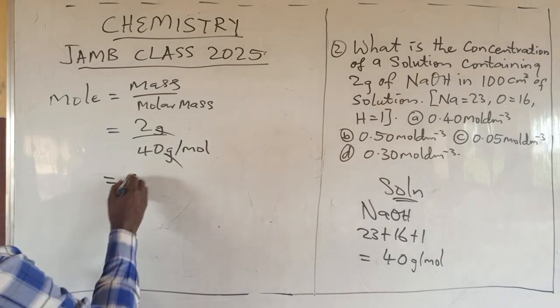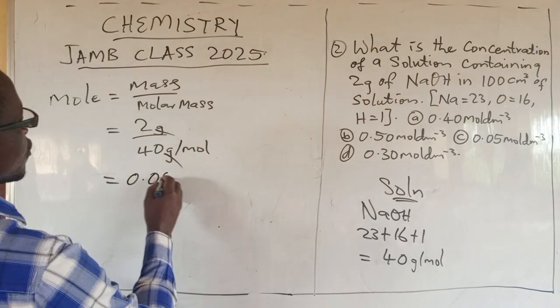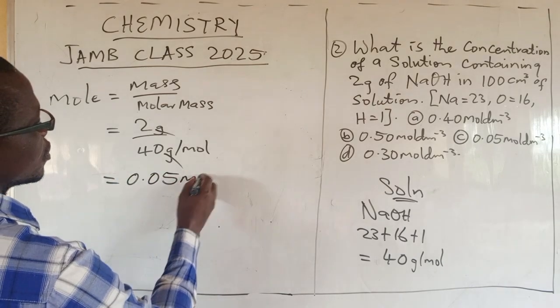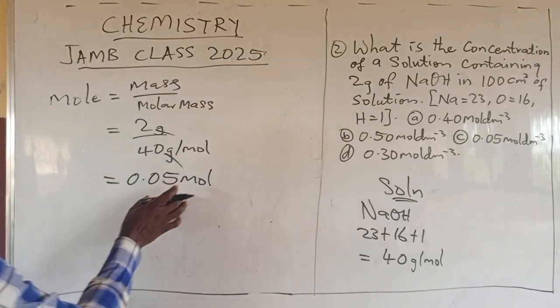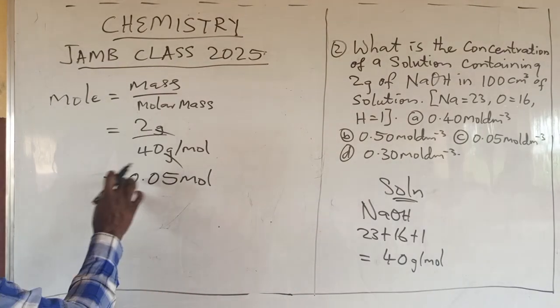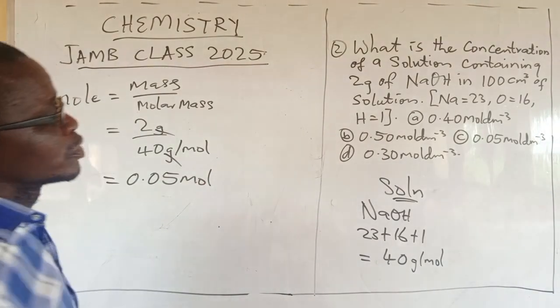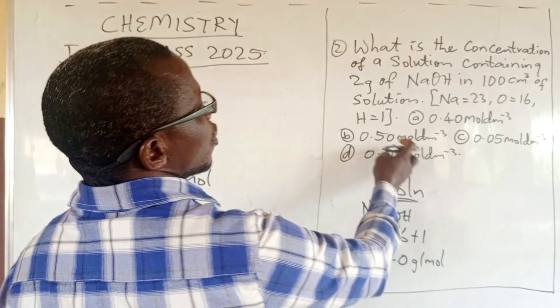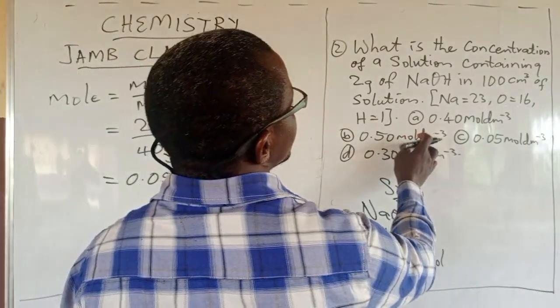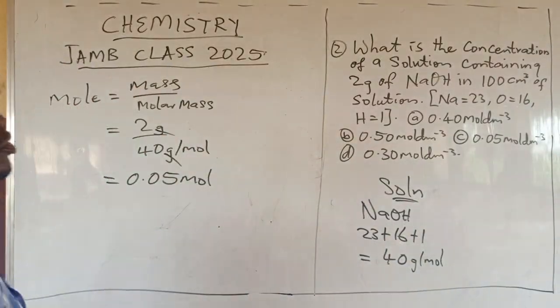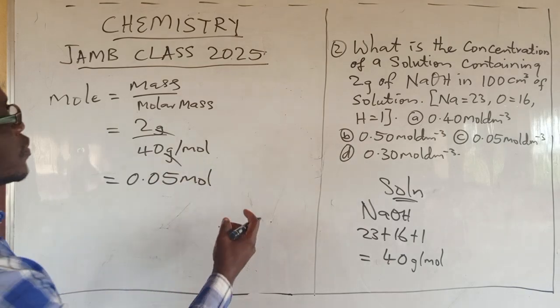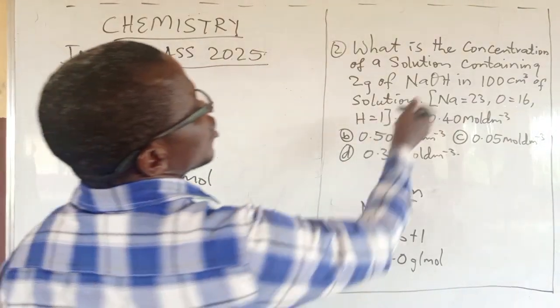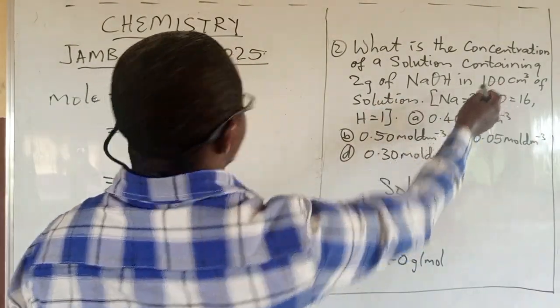As 0.05 mole. Okay, this is not the answer. You have gotten it in mole, not in mole per dm cube, which is the concentration. Now, what you need to do from here is that this is in 100 cm cube.